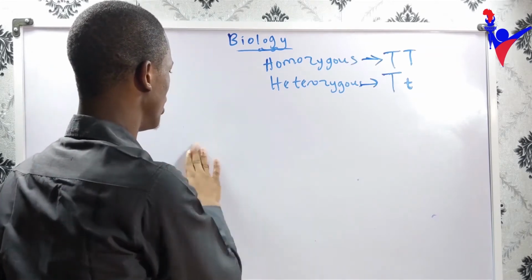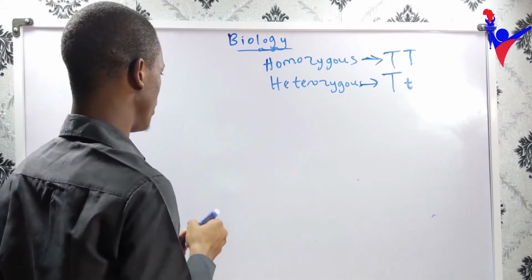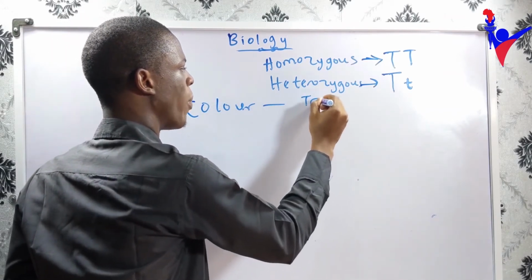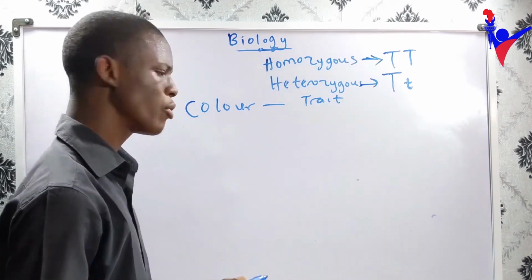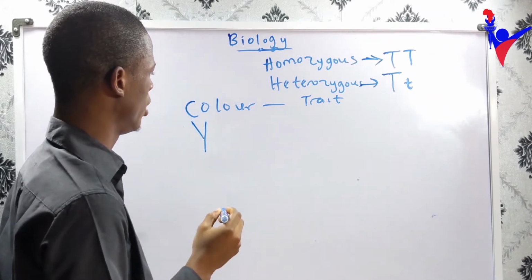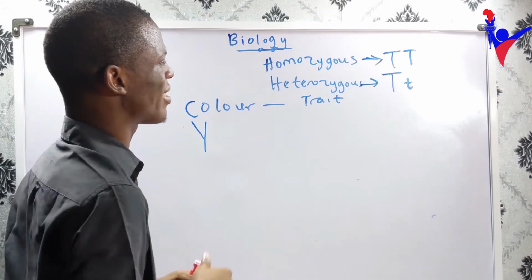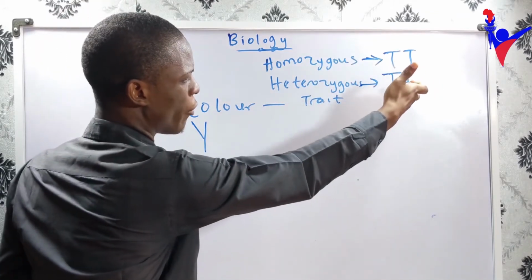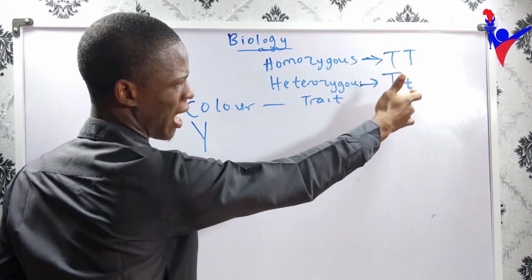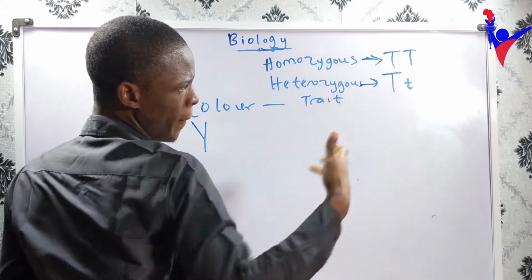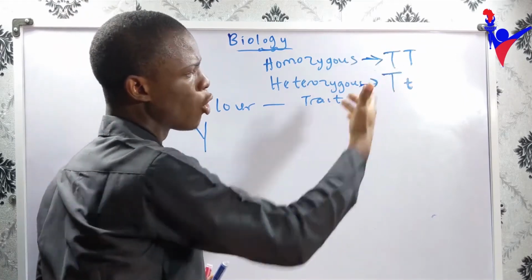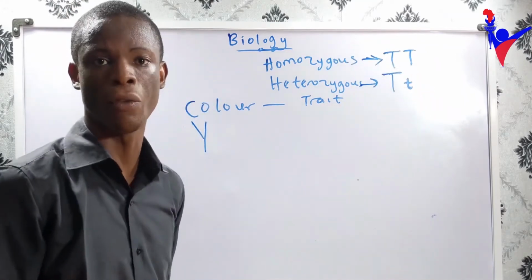The trait we are discussing here is color. So the trait that we are talking about is color, and we have heterozygous yellow. Since heterozygous means another form of the trait, like I explained earlier with tallness, and from your basic knowledge of genetics, the capital letter is the dominant one and the small letter is the recessive form.